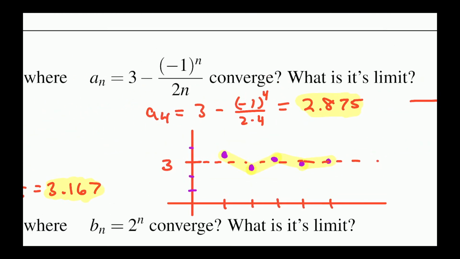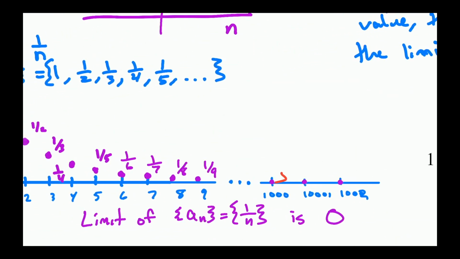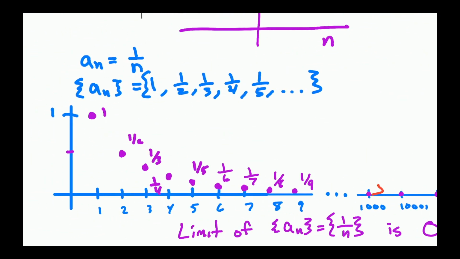Another way to think about this is the sequence 3 minus negative 1 to the n over 2n. When n goes to infinity, this part is going to 0. The fact that there's an n down there means that it's pretty much like the earlier example, where we had an n in the denominator and these headed towards 0.